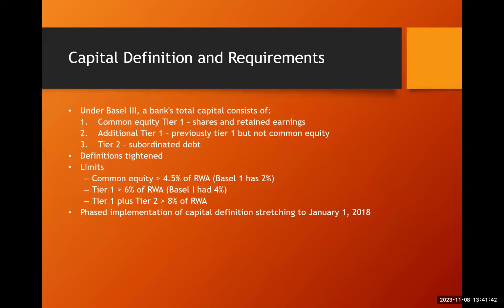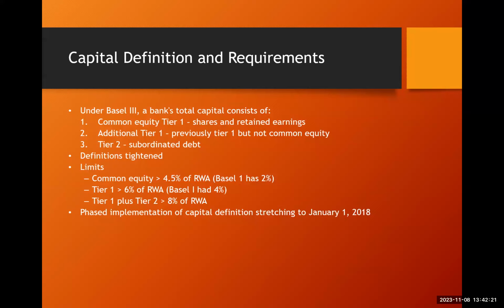Under Basel III, they redefined what tier 1, tier 2, and equity is, and they redefined the percentages that are required. So in Basel III, common equity had to be 4.5% of risk-weighted assets. That's up from 2% in Basel I. This is because they wanted to have more set aside for credit risk, and common equity is the best type of way to absorb losses.